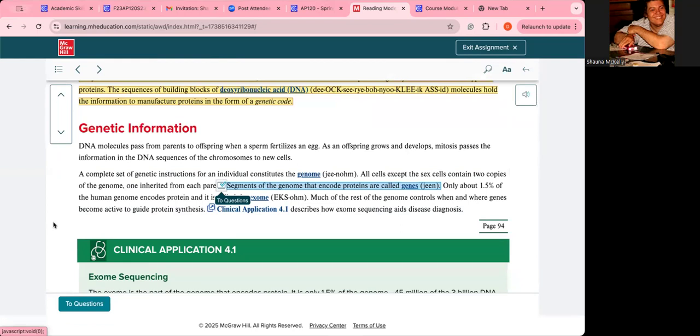Okay, they highlighted it for us here. But I took the word below it. Segments of the genome that include proteins are genes. Okay, so it was looking for that piece. They highlighted it for you. So the segments of the genome are genes.